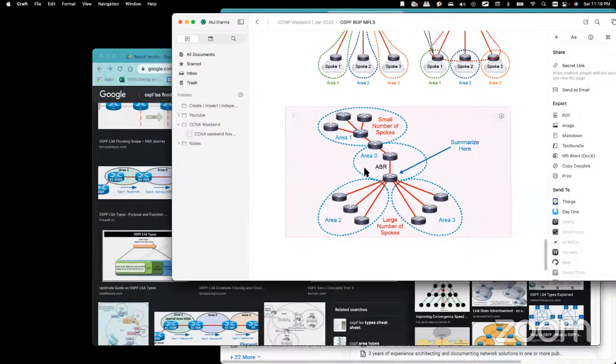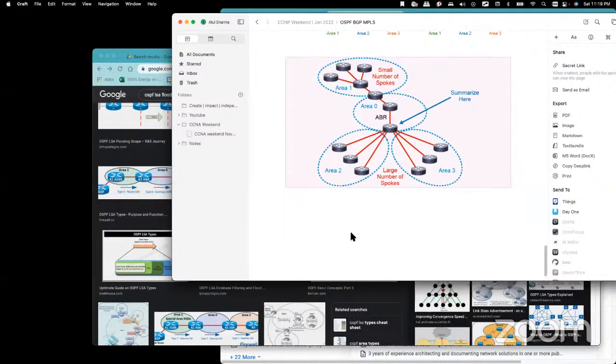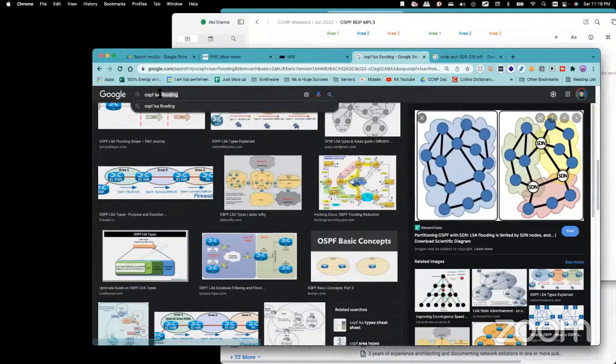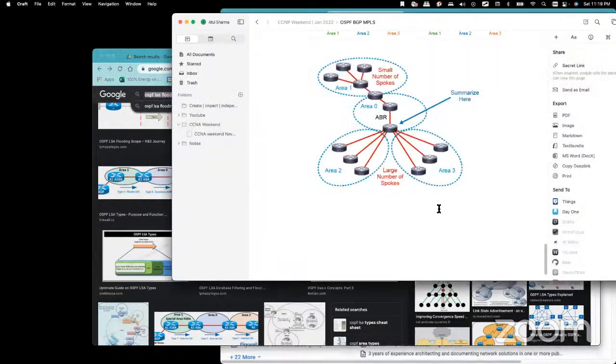Definitely you can have two routers, and when you have two process IDs, OSPF communication between two process IDs, definitely you can do that, but this is not a good design actually. I have never seen companies using different process IDs.